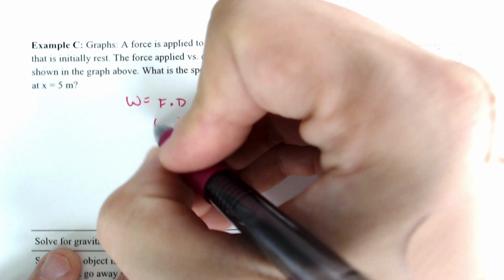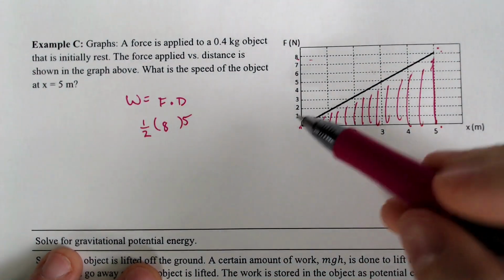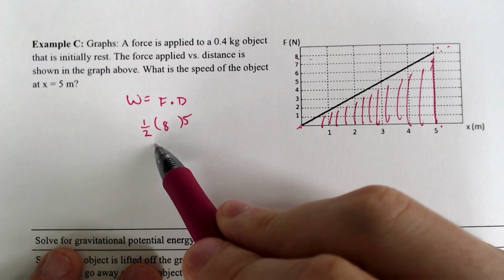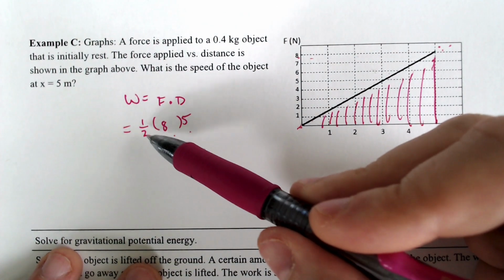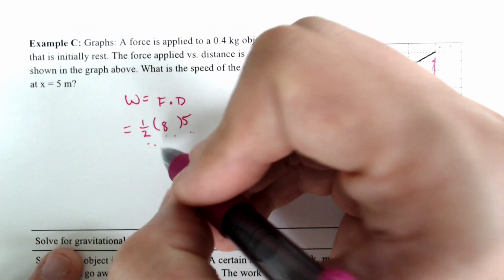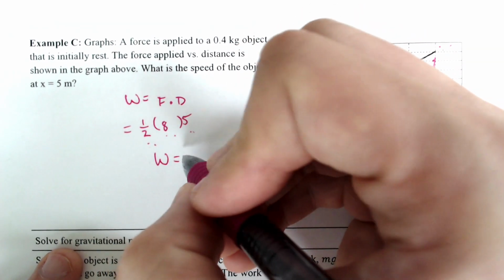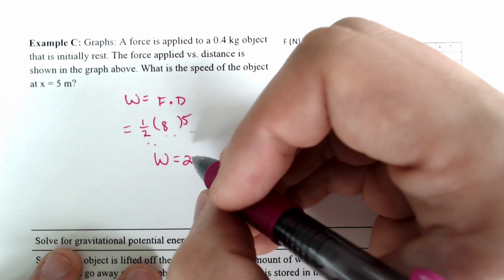So we would have 5 for our distance, and our force is changing. It started at 0, it ended at 8. You could also think of it as averaging the difference between 0 and 8, which is 1/2 times 8 times 5, or better known as the area of a triangle, 1/2 base times height. So if we do 1/2 times 8 times 5, we end up with 4 times 5. We would find out the total work being done would be 20 joules.